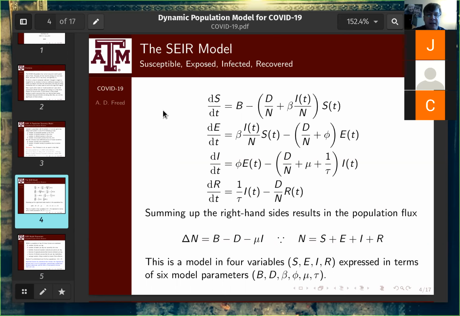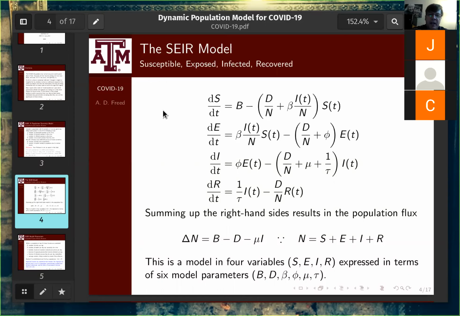It actually allows the population to change in size basically due to the number of births minus the number of deaths minus what we denote as mu times I. Mu is what is often referred to as the morbidity of the disease. We'll be talking about that later.